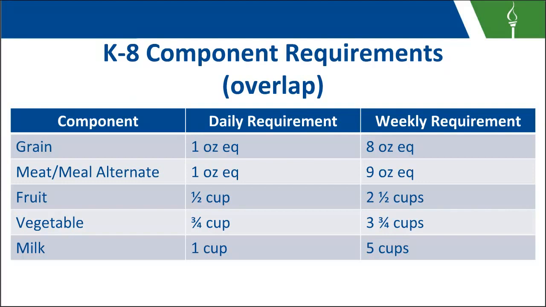For the K through 8 overlap, we're essentially just going to follow the 6 through 8 meal pattern requirement since they have a higher minimum component requirement for the meat alternate.